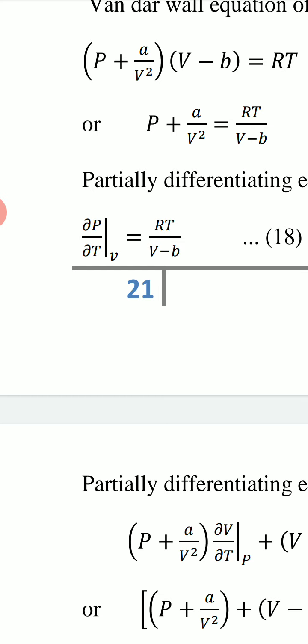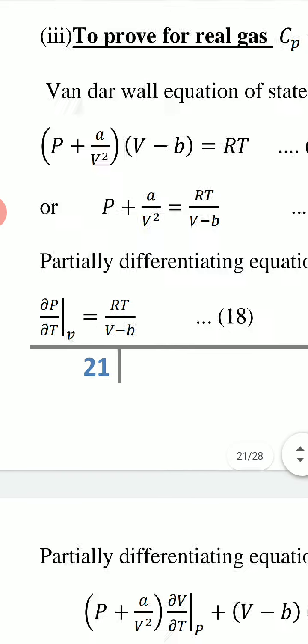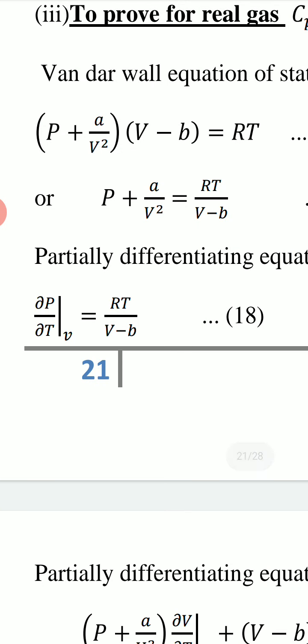The other is ∂V/∂T at constant P. It is the partial differentiation of V with respect to T. To find this, we differentiate partially V with respect to T, keeping P constant.